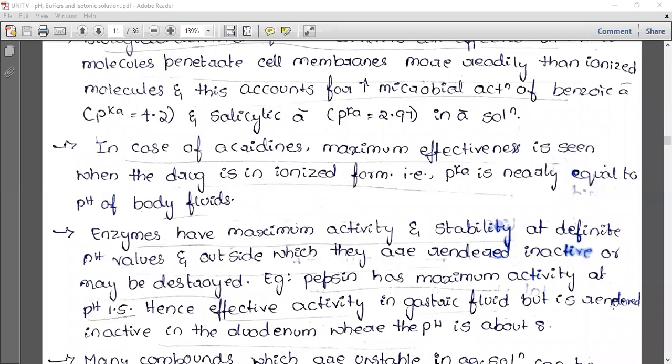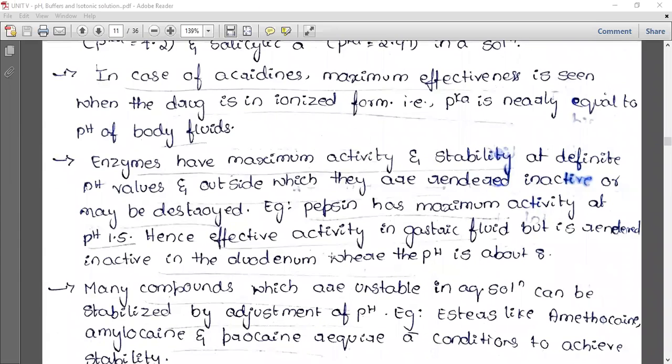That's why you give it through the subcutaneous route. If you give it subcutaneously, it will enter the blood slowly. In the blood there is no such enzyme which can inactivate it. But if you take it through the oral route, these protein enzymes will act on it and break it down, thereby insulin will be destroyed. Clear? So for enzyme activity, pH matters a lot.